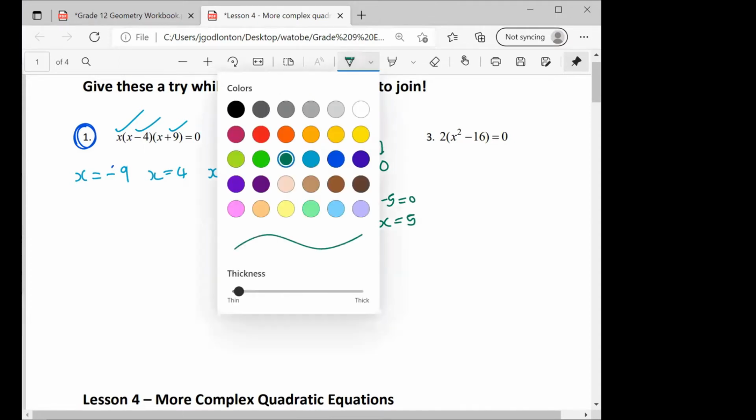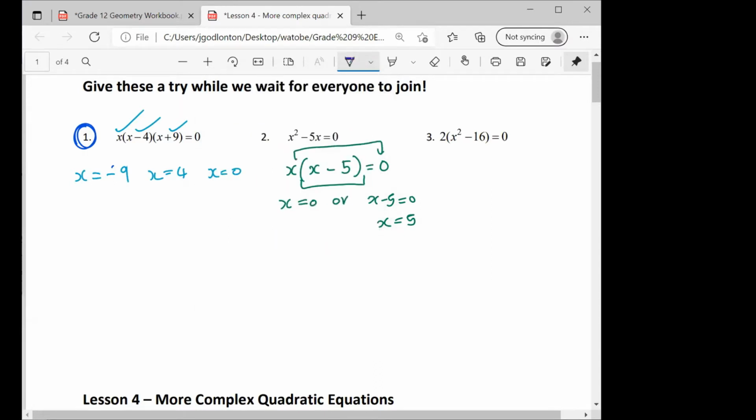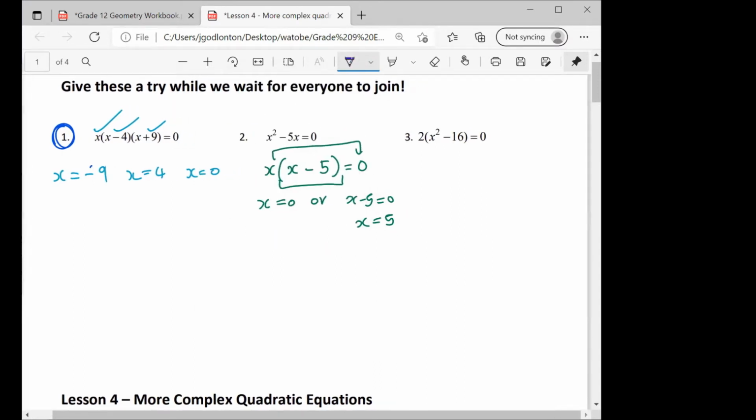Cool. Last one, number 3. This 2, we can kind of forget about it, because if I divide that side by 2 and I divide that side by 2, those go away, and 0 divided by 2 is just 0. So I land up with x squared minus 16 is equal to 0.